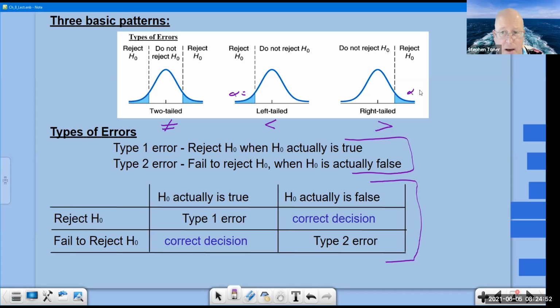Here's my alpha up above. Or if we're splitting that alpha into two tails, we'd have alpha over 2 to the right and alpha over 2 to the left. That alpha is the probability of a type 1 error. Rejecting H0, that's the rejection region that I have just shaded in within these three patterns.